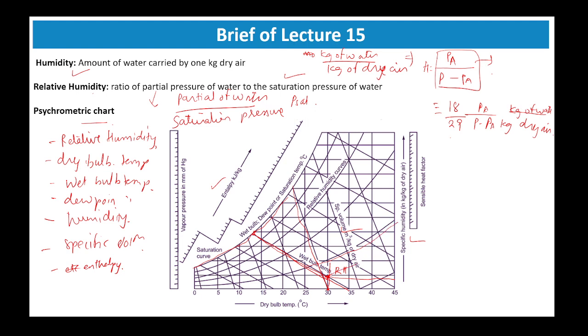At this point, you draw one such line and you find out the value. So this is how you read a psychrometric chart. Any two points will be given, and based on the intersection point, you just stretch along the line for what you want to find out, and you will get the value.